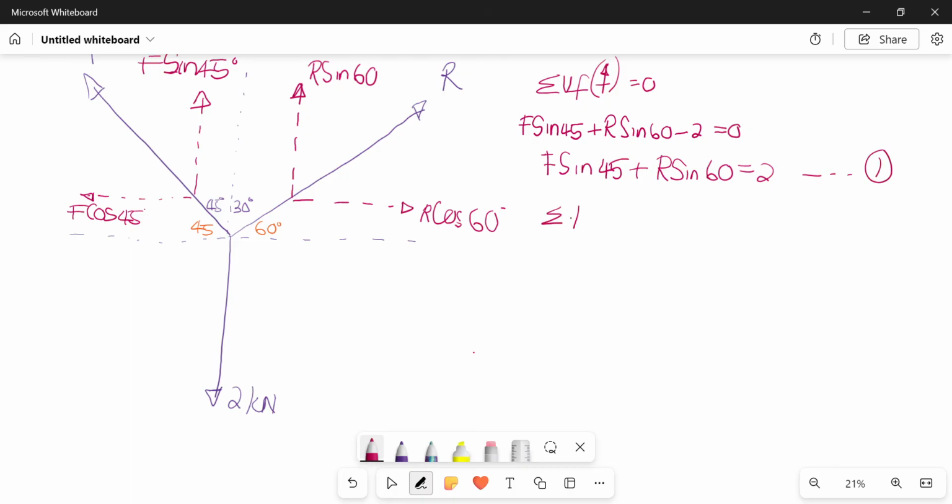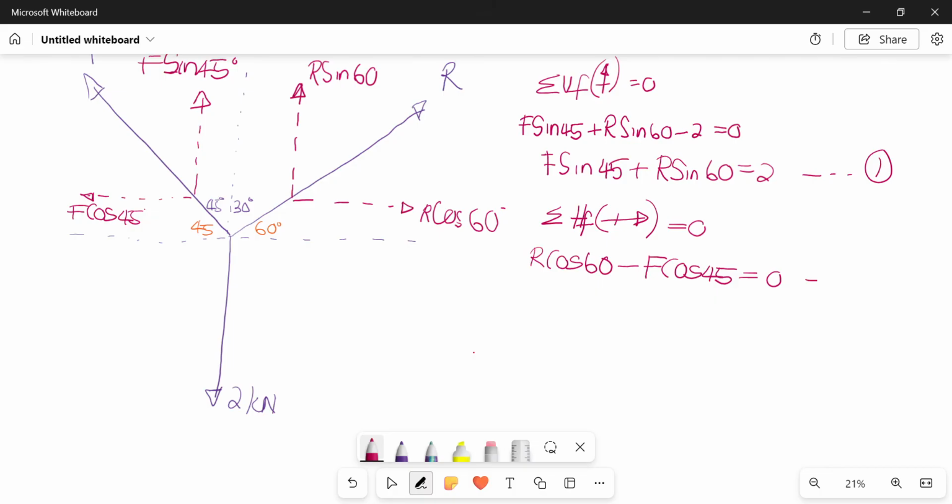Then we're going to take the sum of the horizontal forces, and we will assume that forces going to the right are positive. So that already gives us R cos of 60 minus F cos of 45 as zero.